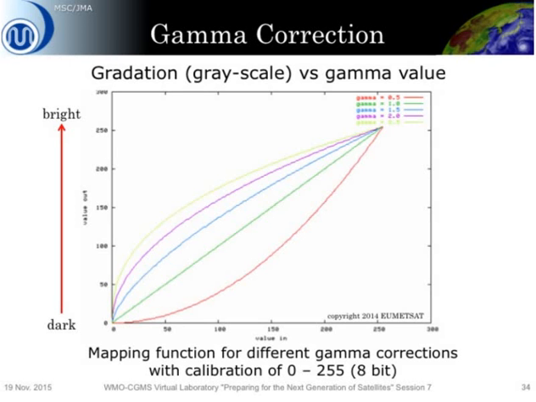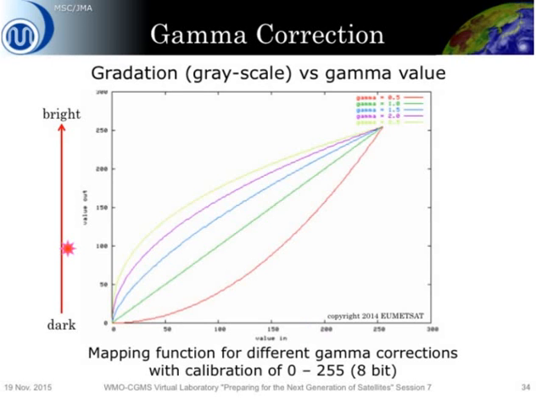Next, I'll explain gamma correction. Gamma correction is a method to emphasize the change rate of the gradation of the imageries. This graph shows the mapping function of gamma correction. The horizontal axis is the gradation values before mapping, and the vertical axis is those after mapping.